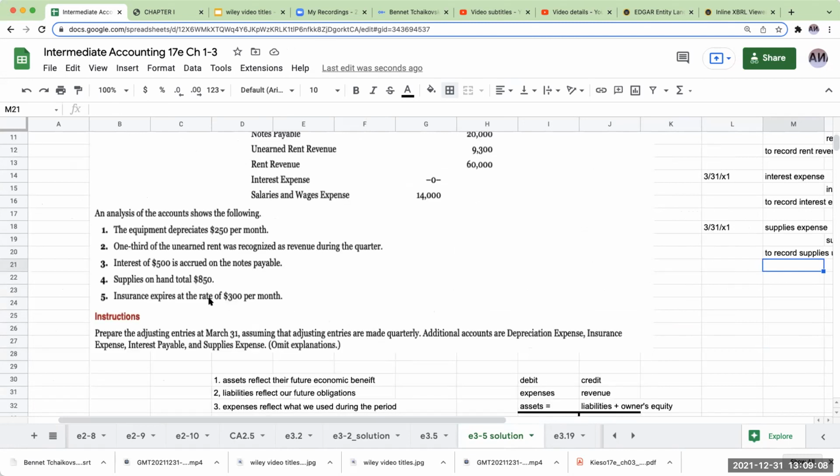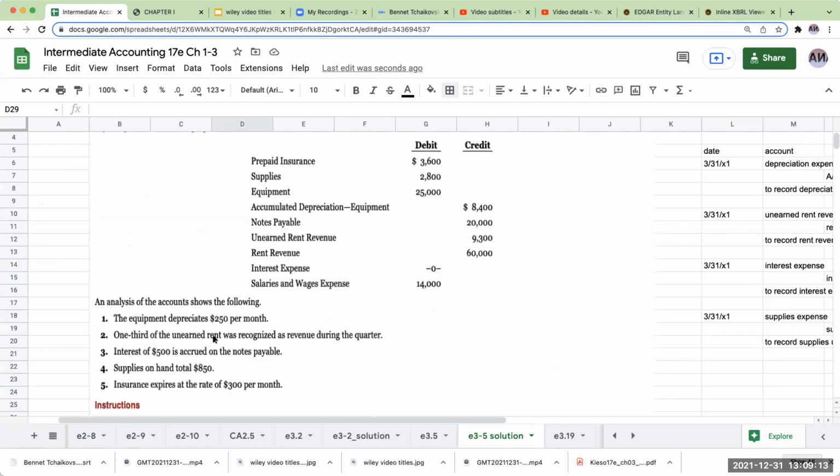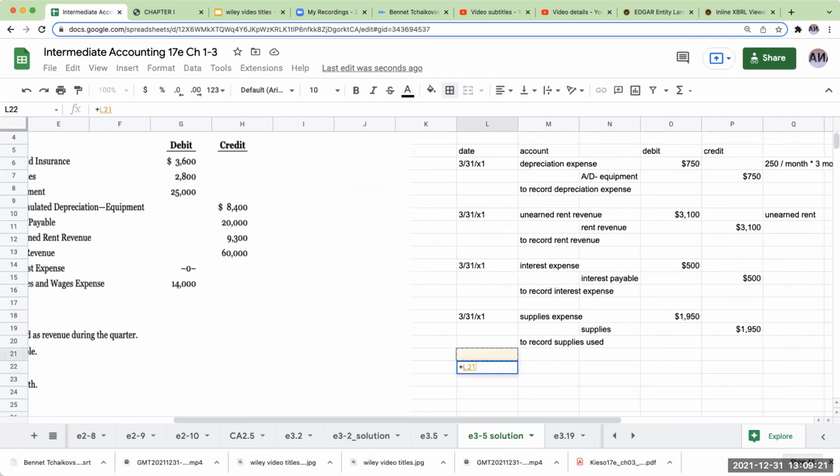Not worth it. Okay, so insurance expires at the rate of $300 per month. We know that we're doing this on a quarterly basis, so that means we're going to need to record 3 months of insurance expense. So right over here, this is going to be insurance expense, prepaid insurance.